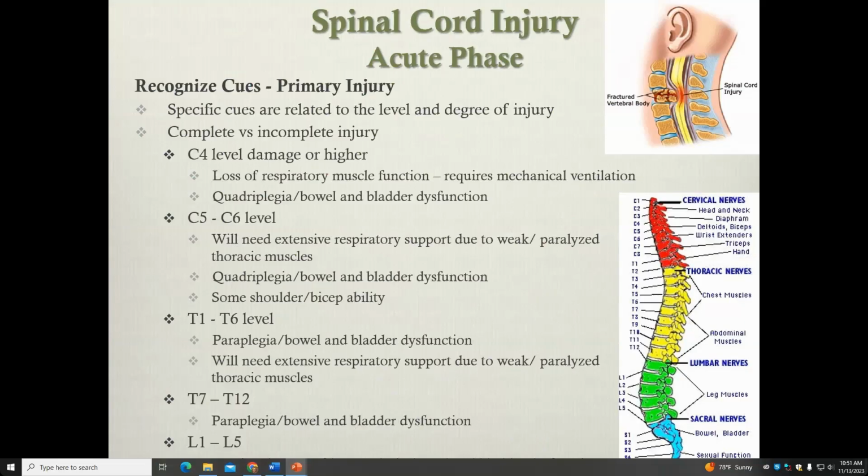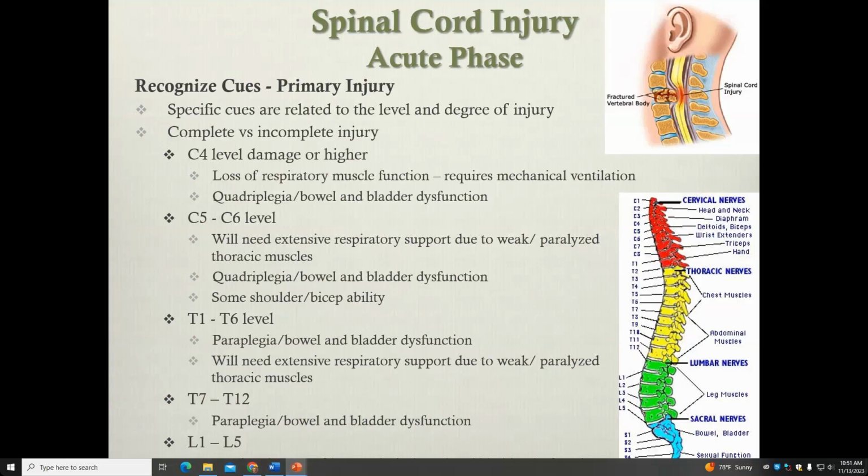I like this a lot better than memorizing all these different things because, hey, if your wrists, triceps, and hands are all still perfusing and functioning, you're going to be a paraplegic. If you've lost your hands, wrists, deltoids, biceps, then you're a quadriplegic.